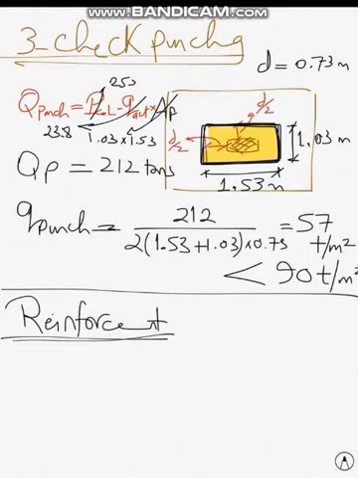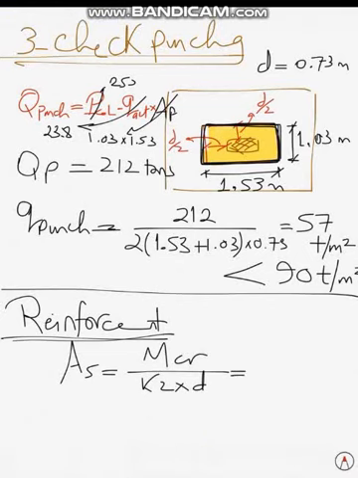The reinforcement area steel is equal to moment critical over K2 multiplied by d. Again, we have to convert the moment, 21.7 times 10 power 5, to be kilogram centimeter, K2 given, multiplied by the depth in centimeter.